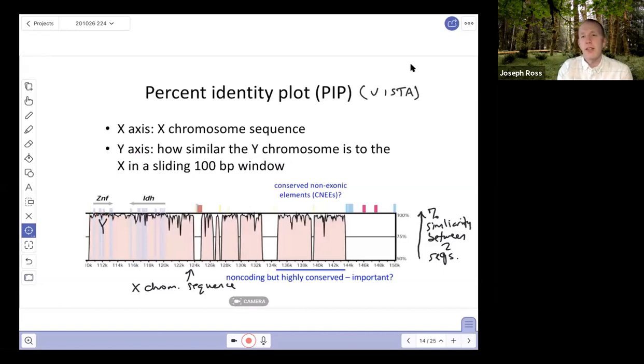Now, here's how this gets back to the concept of looking for regulatory sequences. We know, again, that exons, the parts of transcripts that encode proteins, are very highly conserved. That means they're regions where it's very, very unlikely for sequences between even distantly related species to change much, because the amino acid sequence of the protein usually is conserved.